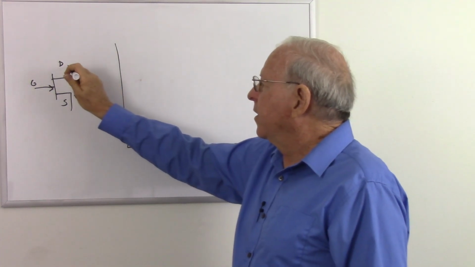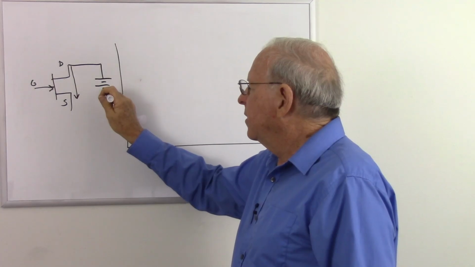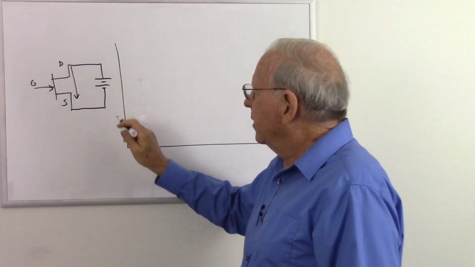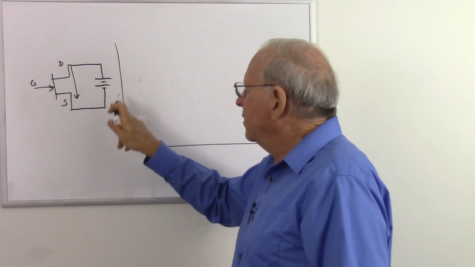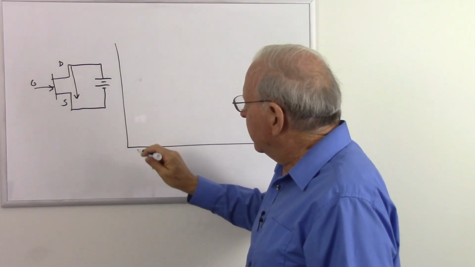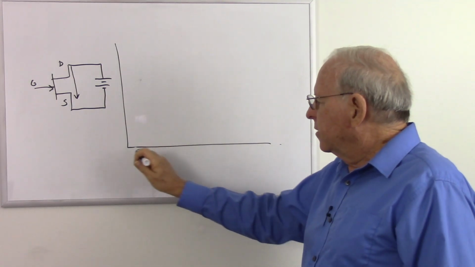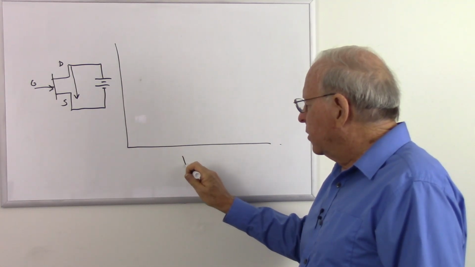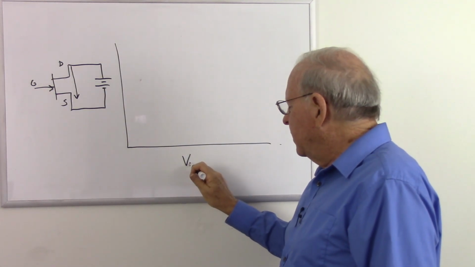And what I'm going to do is put a battery across here. It's getting a little cluttered on the board here, but we'll make this work. This axis here is going to be our voltage from the drain to the source, or the VDS.